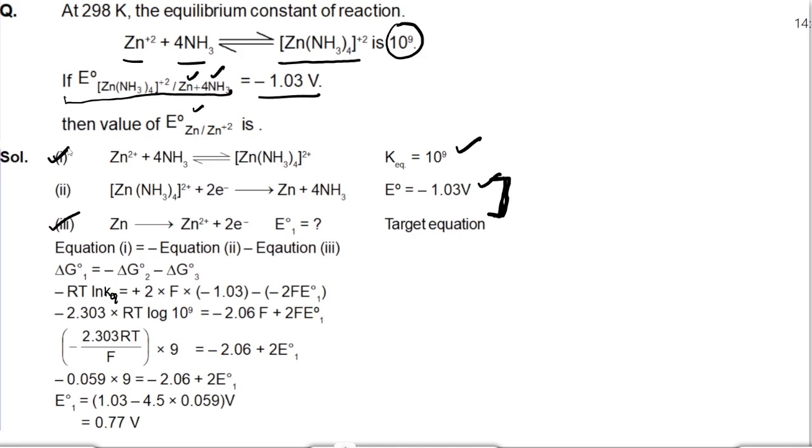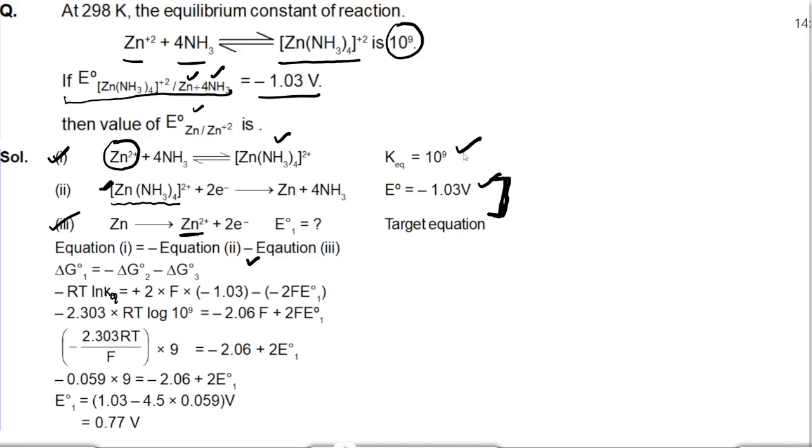How? Equation 1 can be obtained from 2 and 3. Just we have, see, Zn2 plus on the left side. Here it is on the right side. So equation third with the minus sign. We have Zn NH3 4 2 plus in the second equation on the left side, but we need it on the right side in the equation 1. So again minus sign.